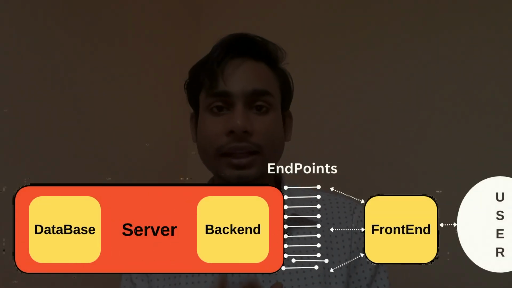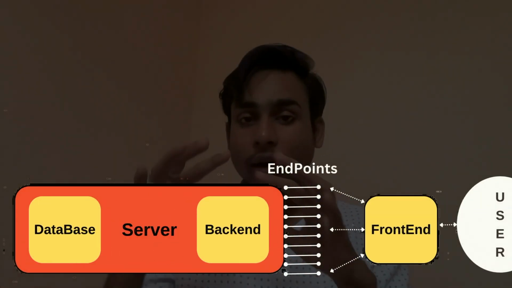Suppose for creating a new Facebook profile there will be a different API. For updating your Facebook profile there will be another API. For getting others' profile information, to see others' profiles, there will be another API. Or for uploading a picture there will be another API.